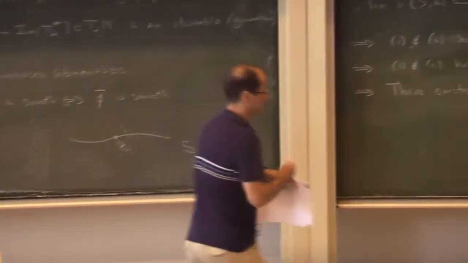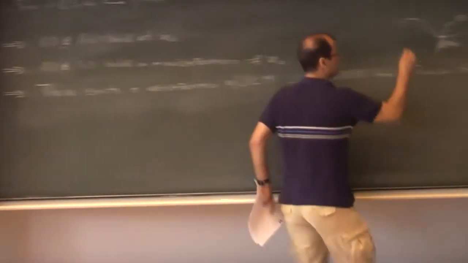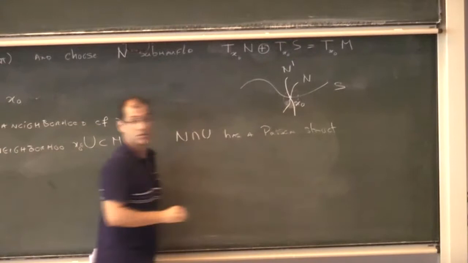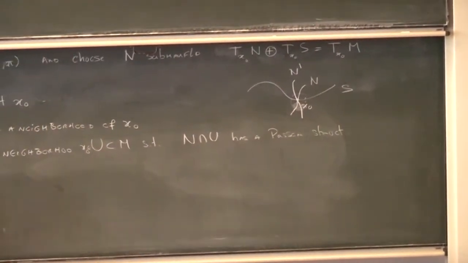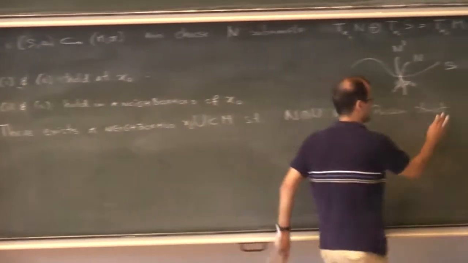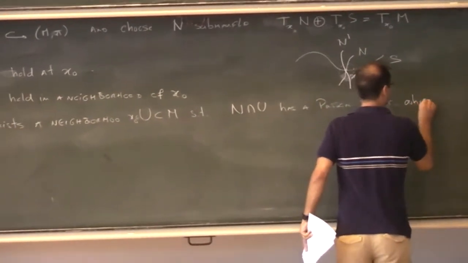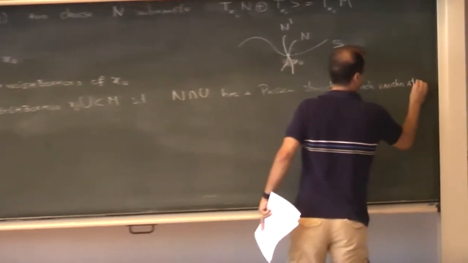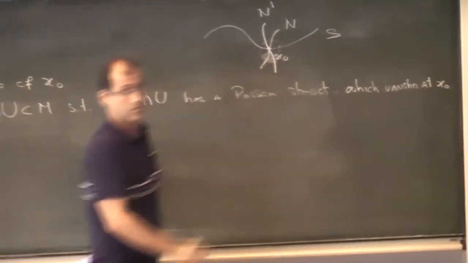But you see that I can choose here many N's, and they will all have an induced Poisson structure. And by the way, this Poisson structure vanishes at x naught. Okay?